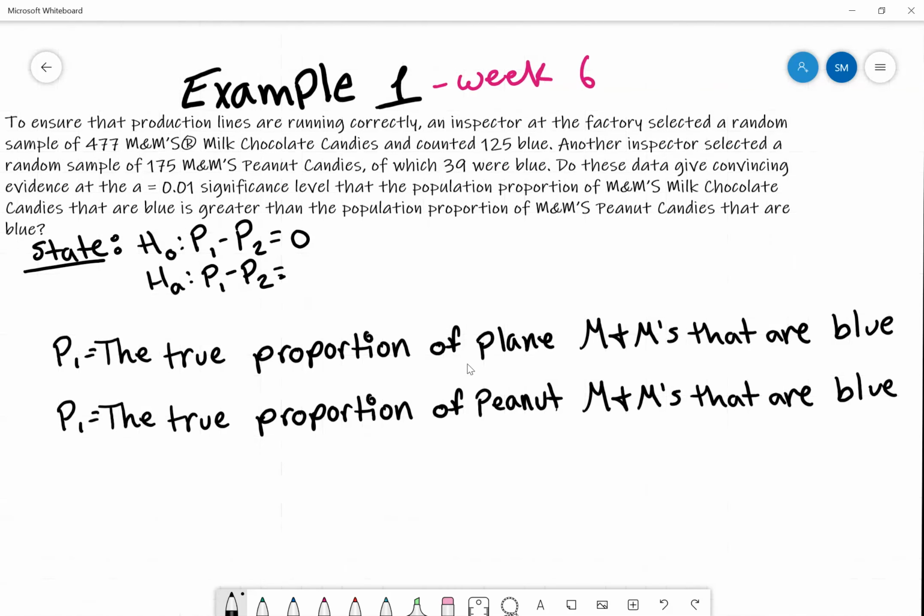So now we have plain and we have peanut. With the plain, we want to know if the milk chocolate candies are greater than the population. So that means this is going to be greater than 0. This is the big number, this is the small number. A big number minus a small number is going to be greater than 0.